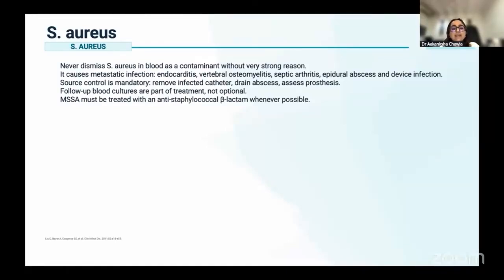Source control is mandatory. You have to remove that infected source. Follow-up blood cultures are a part of treatment. They are not optional. Unless you get a negative culture, you must repeat them every 48 to 72 hours. And MSSA must be treated with an anti-staphylococcal beta-lactam whenever possible.